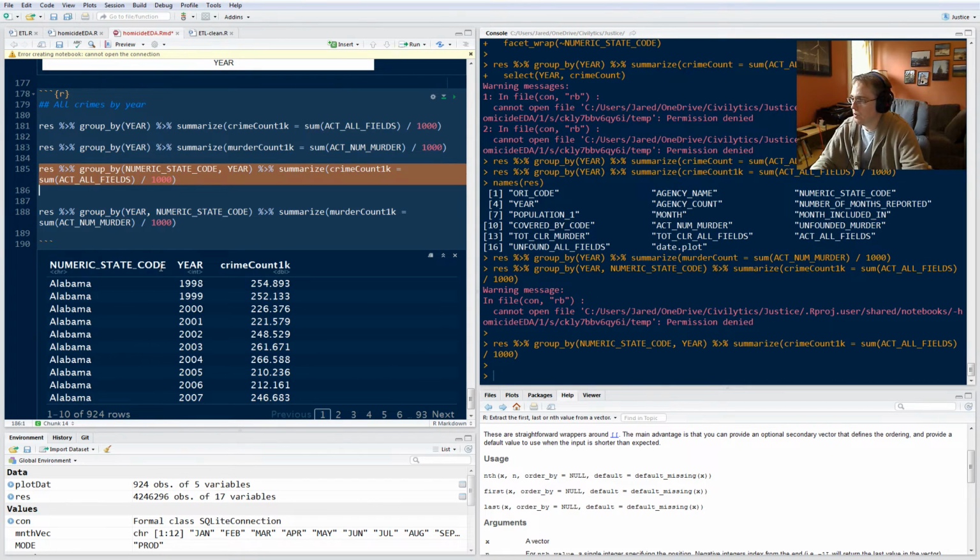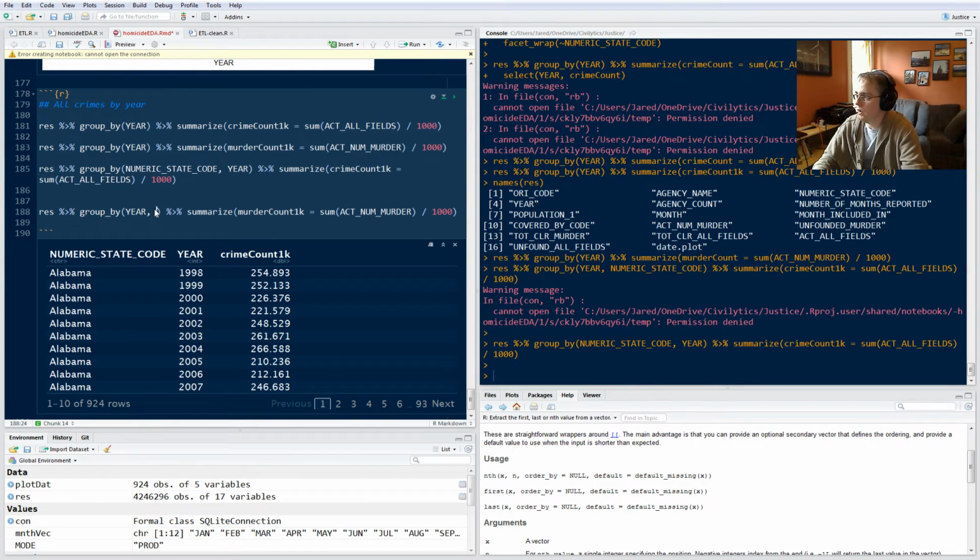It's probably more likely I want it in the order of the state than the year. I can look at that way.